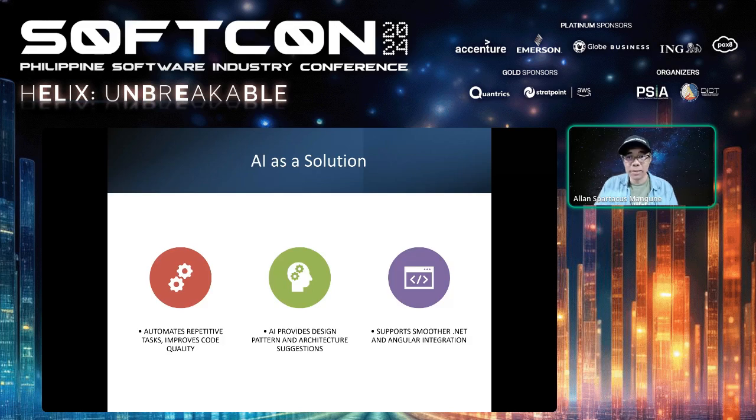Meanwhile, ChatGPT can analyze and troubleshoot code, helping with debugging, refactoring, and offering advice on code architecture. So together, these tools are designed to make your development process more efficient, and they integrate smoothly in both .NET and Angular workflows, for instance. So by automating mundane tasks and providing intelligent code suggestions, AI can help you focus on solving the more complex problems in your project.